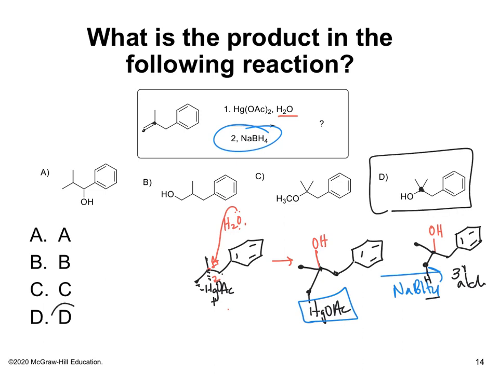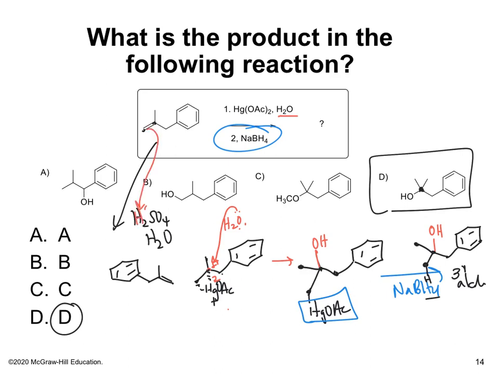So D is your answer. Now this is Markovnikov addition without rearrangements. What if you took this and you added sulfuric acid and water? You'd still get an alcohol, but let's show you why this oxymercuration reaction is such a beneficial reaction.